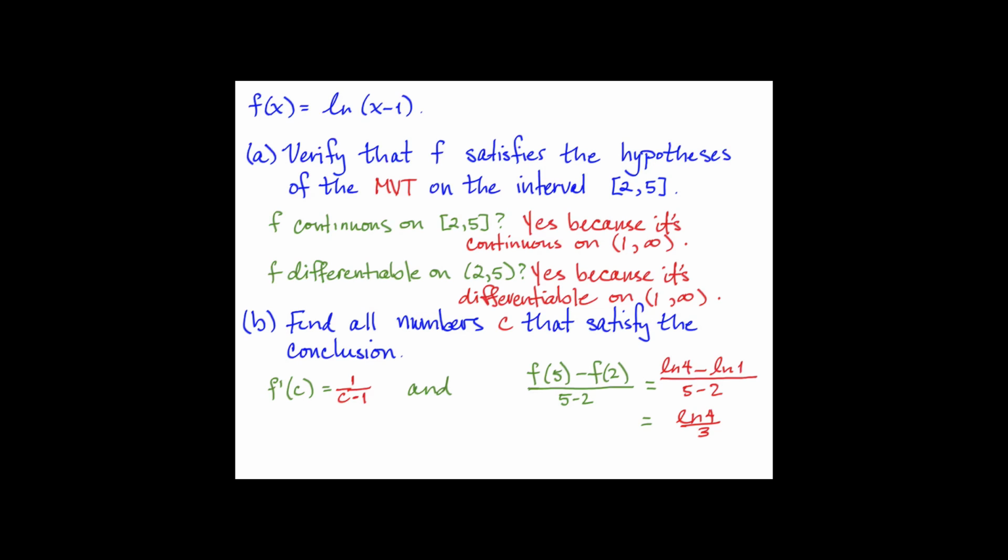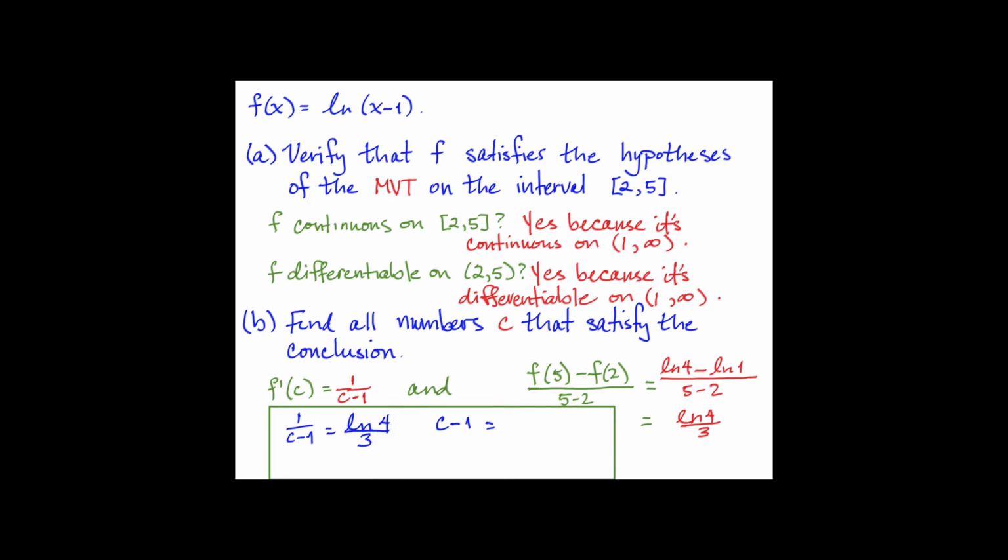All right, so we're going to set the derivative f prime of c equal to the slope of that secant line and solve for c. So 1 over c minus 1 is equal to natural log of 4 over 3. We want to solve for c, so we want to get c minus 1 out of that denominator, so we can just flip over both sides.